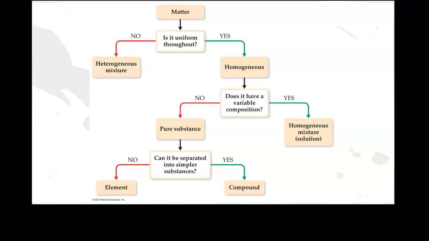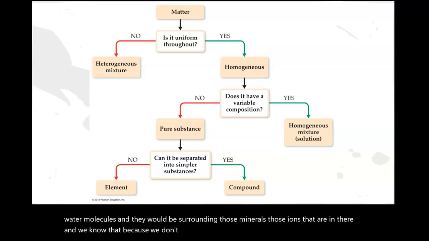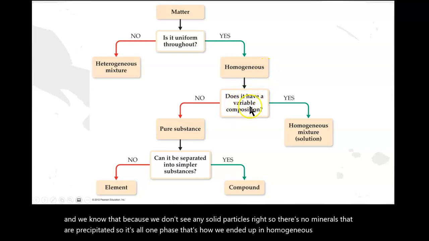Okay, so when we're thinking about the particle level picture, we know that there would be water molecules, and they would be surrounding those minerals, those ions that are in there. And we know that because we don't see any solid particles, right? So there's no minerals that are precipitated, so it's all one phase. That's how we ended up in the homogeneous category. And so I think it probably does have a variable composition, right?